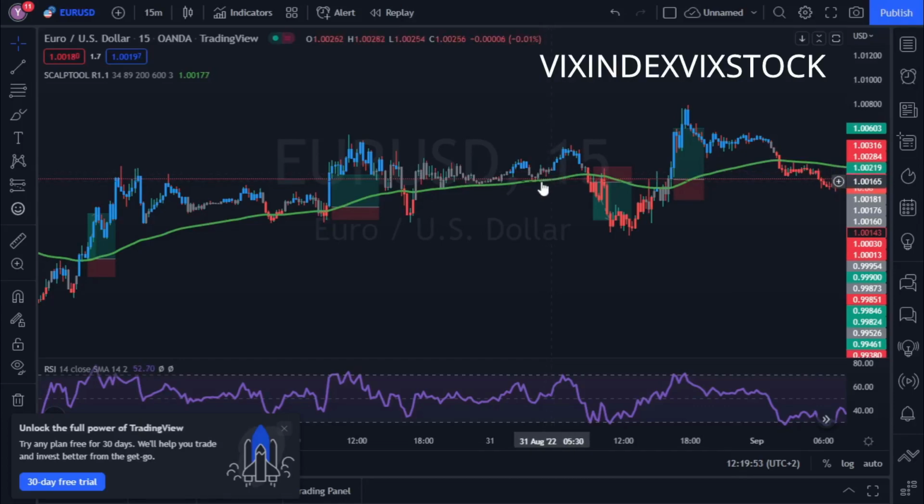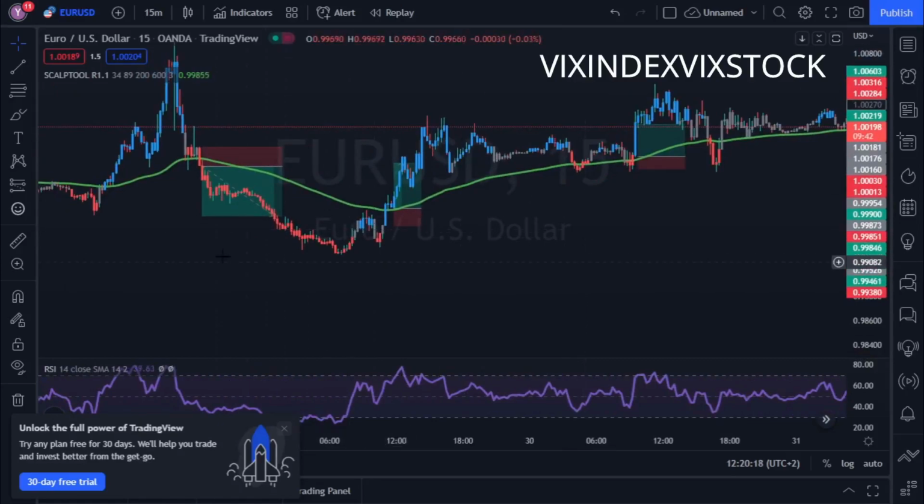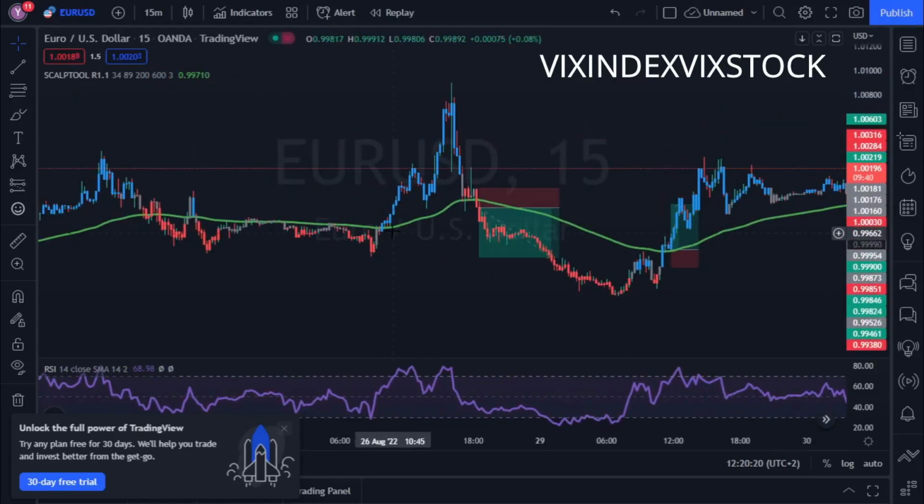I would want it to be around the moving average, but you'll be tempted to take a buy here, and you enter. But then you start seeing something's fishy here. Then you definitely want to maybe just put a stop loss on break even, so that you don't lose that trade.